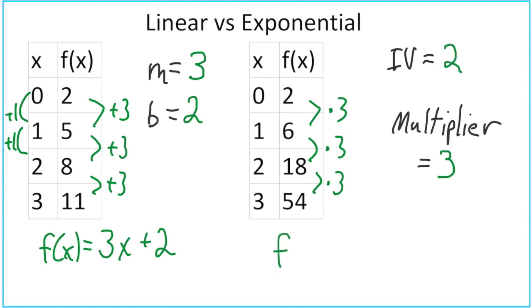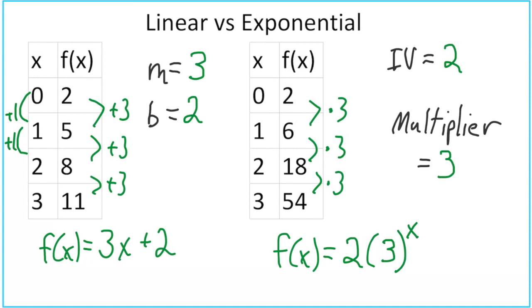If I'm going to write this one, I've got my initial value first, and then in parentheses I put my multiplier, and then my variable is going to be an exponent because this is exponential.